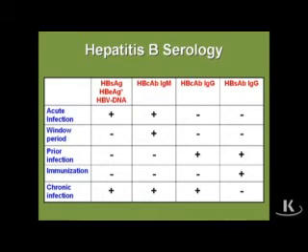Now, what if you're given a scenario of you have a person who was stuck with a needle, okay, they were stuck with a needle from a known hepatitis B person, and you do the serology, and you look at the fact that they have none of the antigens, but they have IgG antibodies to the core antigen, and they have IgG antibodies to the surface antigen.